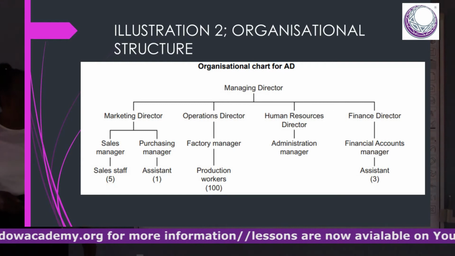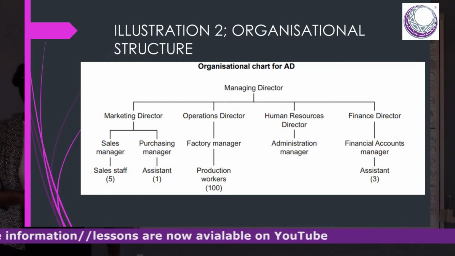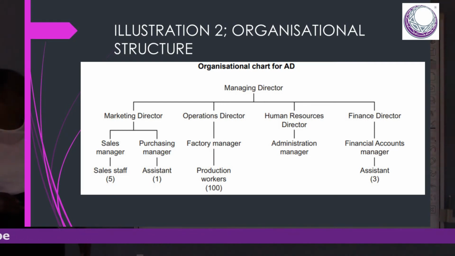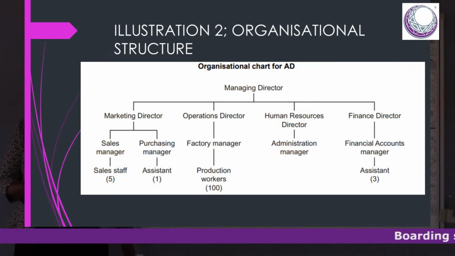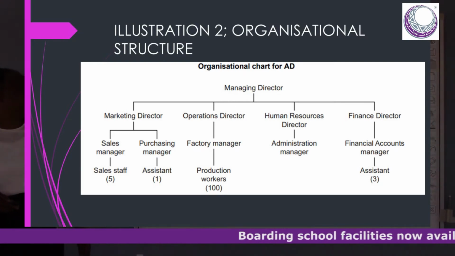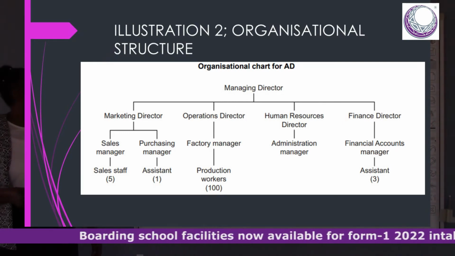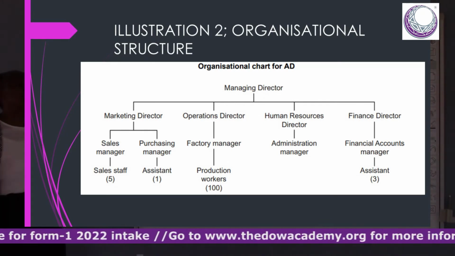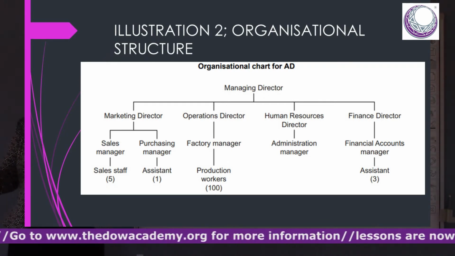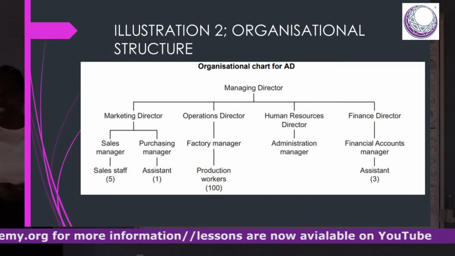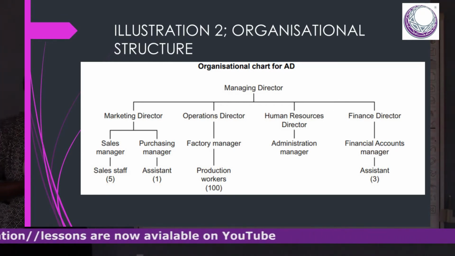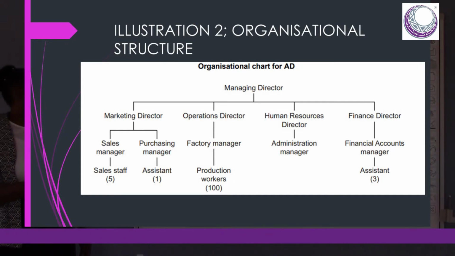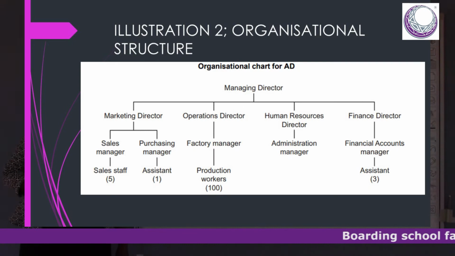It will also indicate the size of the business, because you can see the number of production workers. You can see that it's a factory operating with 100 production workers. So with this kind of structure, as you read through, you can link it to some of the problems in the business, especially problems like communication. This is where you might also be able to recommend a better structure if this one is giving them problems.